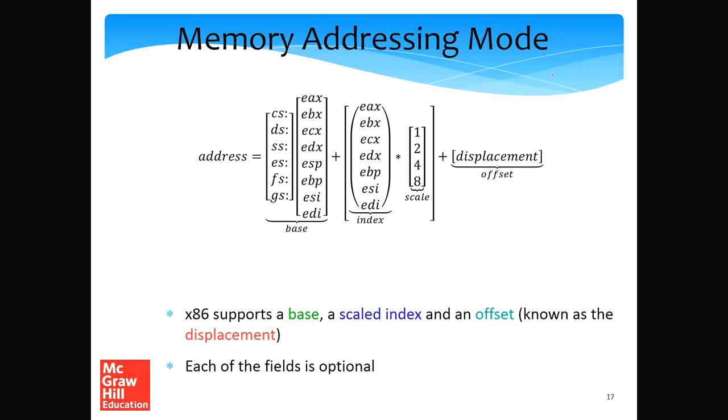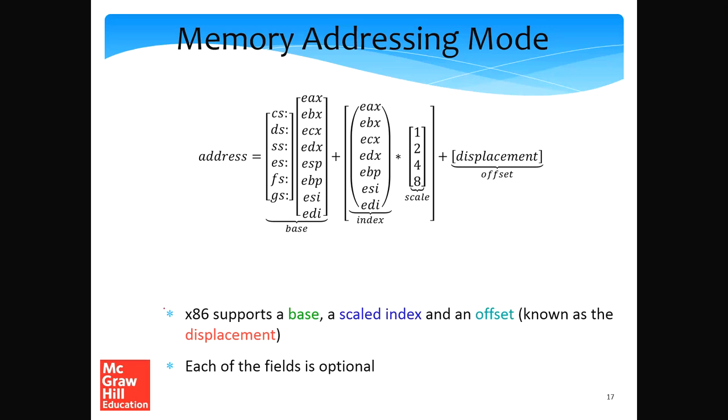Up till now, listeners must have gotten a feel of the fact that x86 is definitely more complicated than most other instruction sets. That's where the C in CISC comes from: complex. But it's not that complex. There is a large amount of elegance to it, so it's not that difficult.